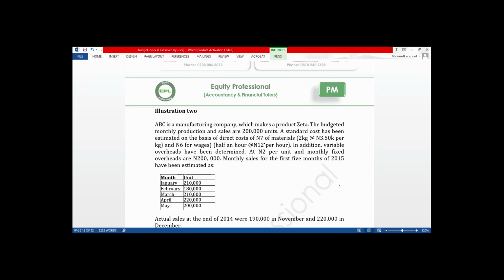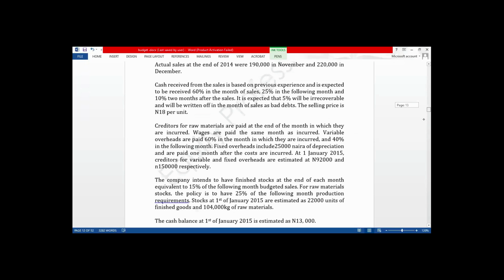Variable overhead is 2 naira per unit. Please, when valuing your stock, you don't include fixed cost. Now come here. Look at the cost for valuation.